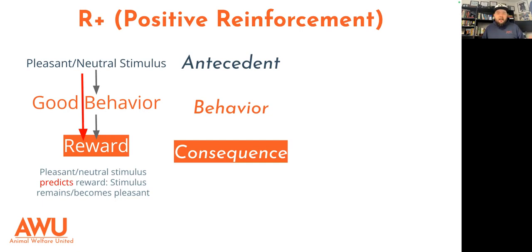So worst case scenario here, if the dog doesn't understand the behavior that I'm trying to get at, or if this sequence happens so quickly that the dog is quickly forming an association between that stimulus and the reward, my dog learns that the stimulus is kind of cool.